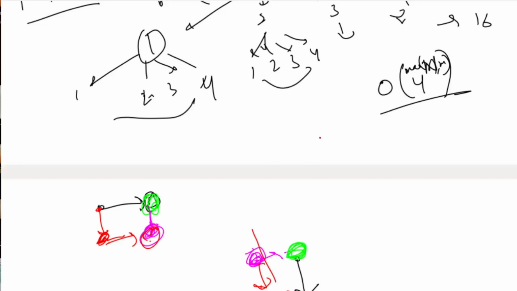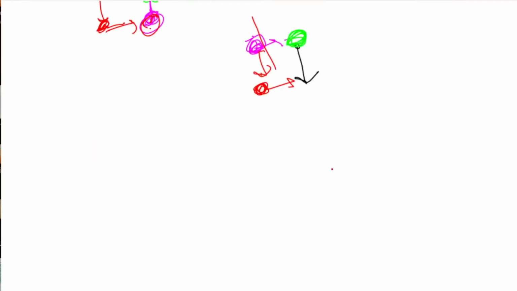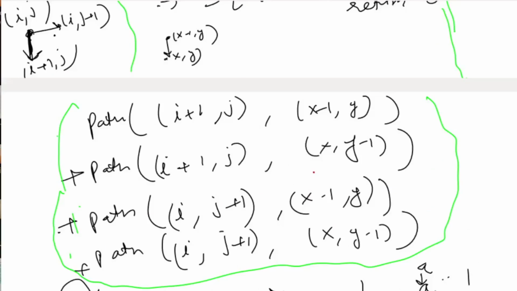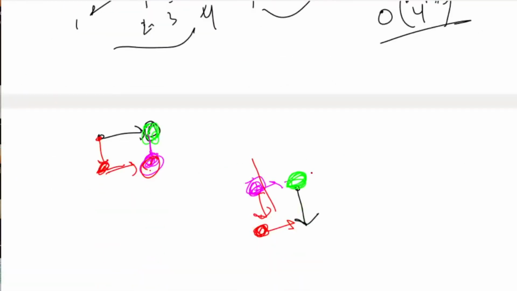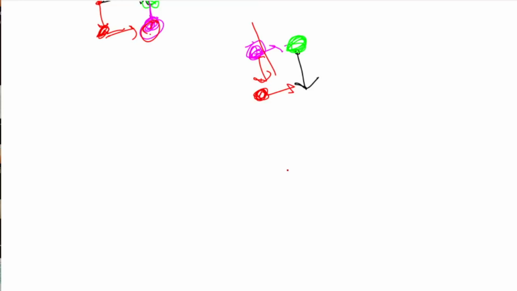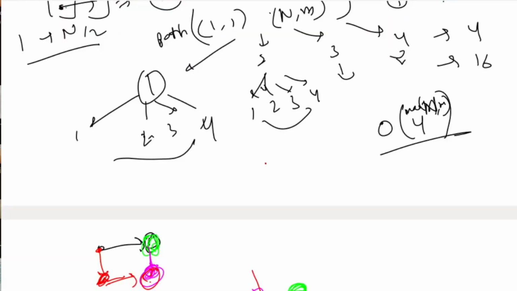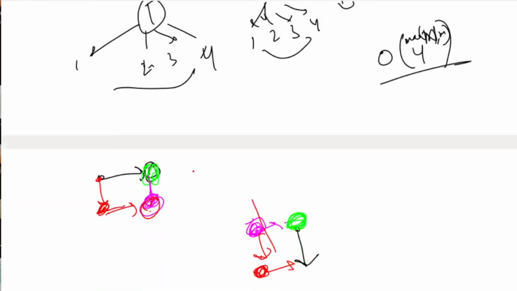You can also construct a recursion tree, then you can see a lot more overlapping sub problems. As I have discussed in previous videos, we can use dynamic programming to optimize this solution. We'll create an array and store the results of all the sub problems, then we can reuse them whenever required instead of recomputing them.